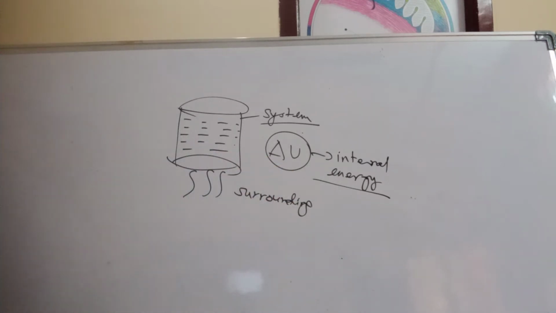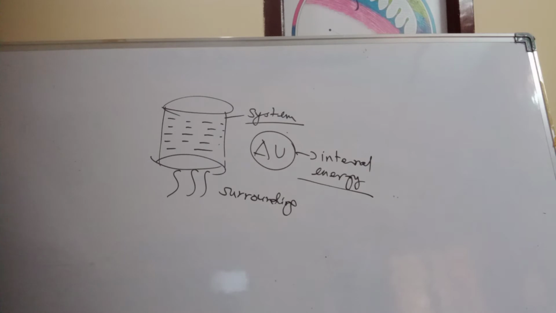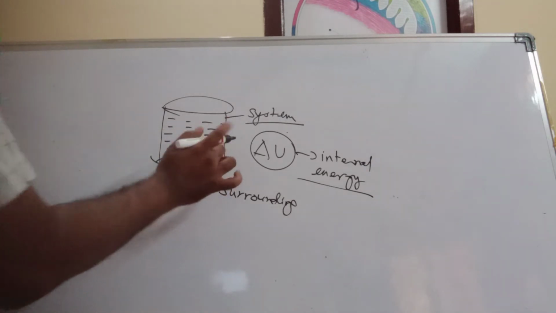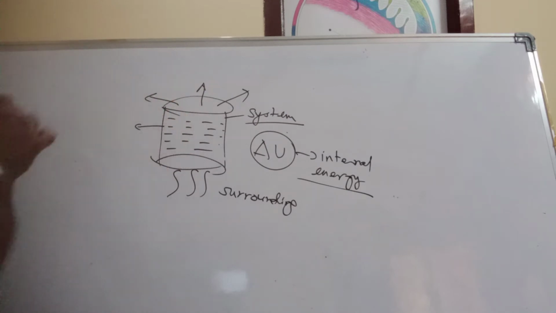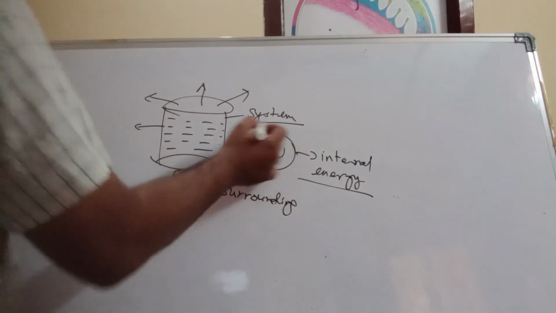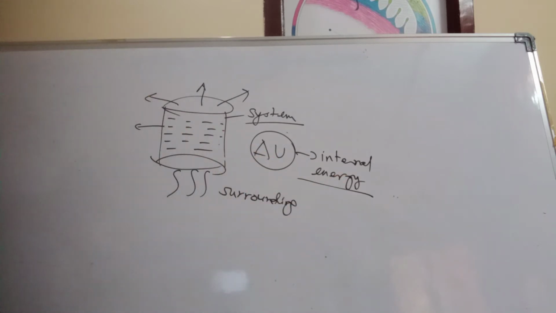So why this change? Similarly, this system can be giving away heat in another situation. So what is happening? Is there a change in internal energy of the system? In that case also, there is a change in the internal energy of the system. So case 1, case 2.